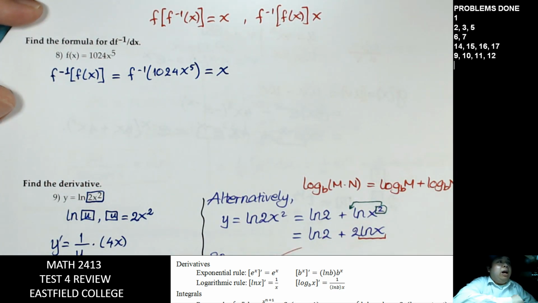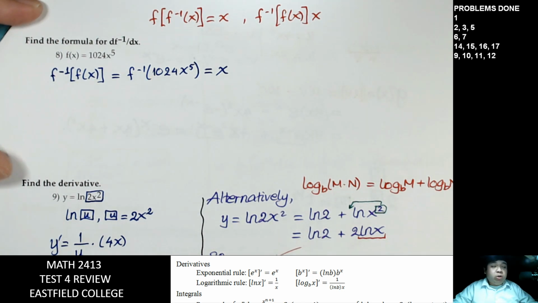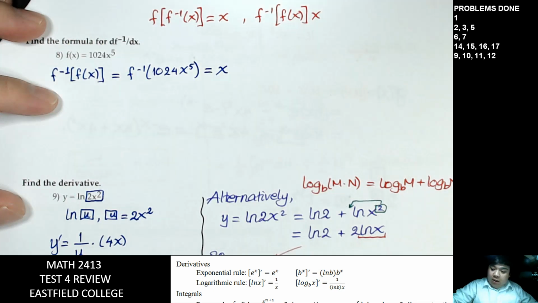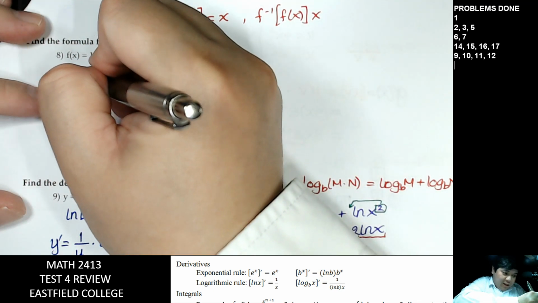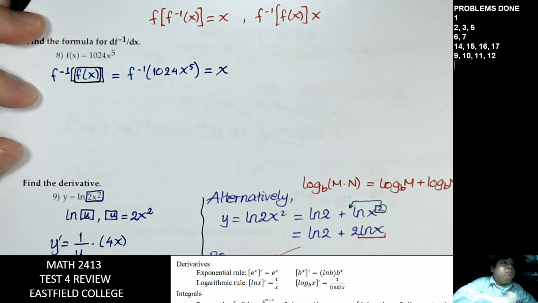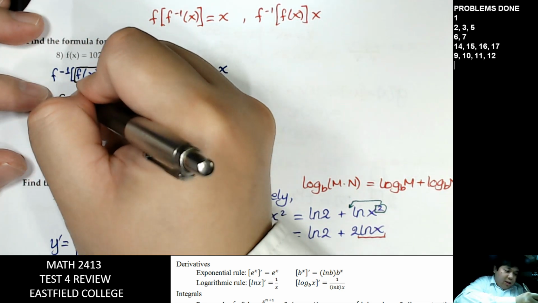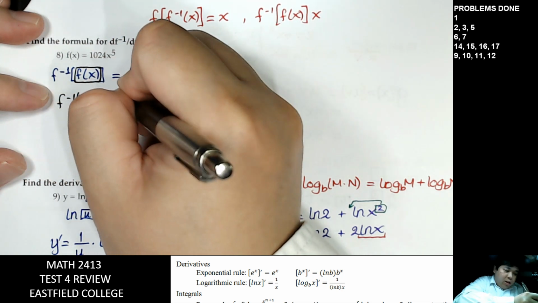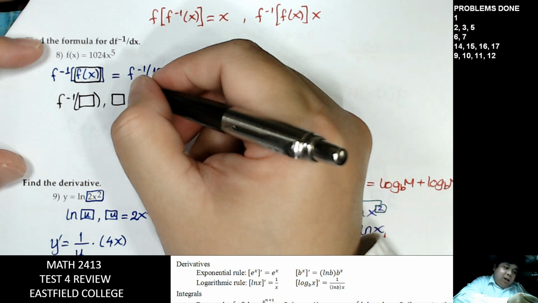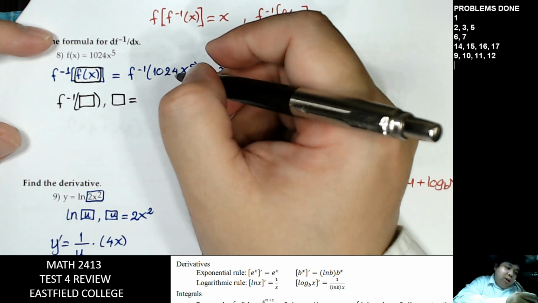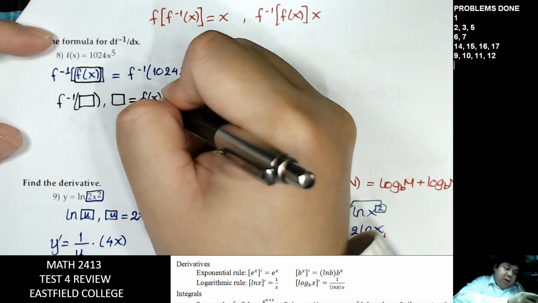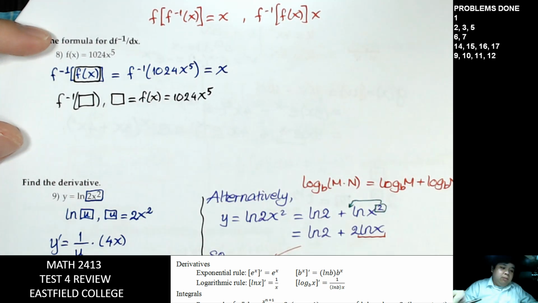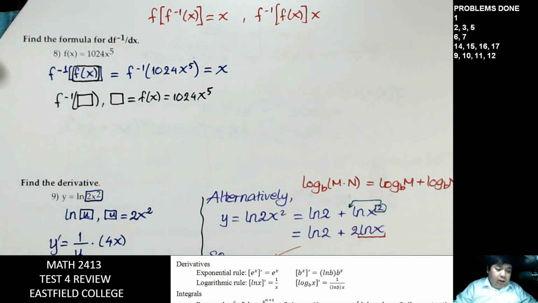Now what we're going to do is take the derivative on both sides using the chain rule. So put this in the box. So we have f inverse of the box, where the box is equal to the function.